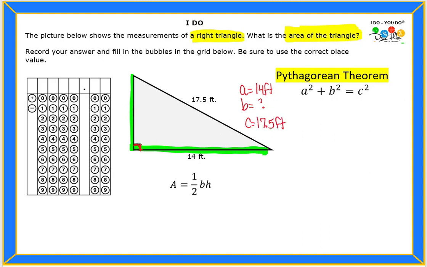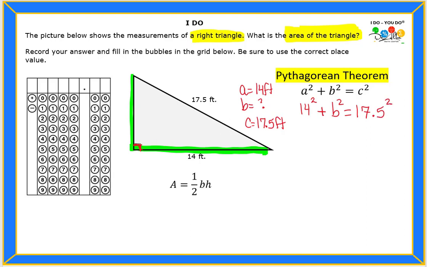Okay, I'm writing it on the side because later on I am going to need those to find the base and the height, and I don't want you to be confused. Okay, so I wrote the labels on the side, but now I know that I'm missing B. So A, it's 14 feet, so I'm going to say 14 squared, plus B squared equals 17.5 feet squared.